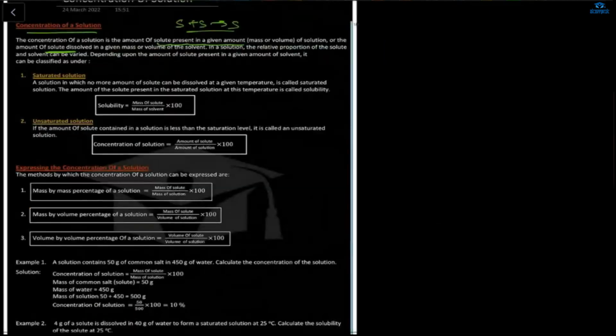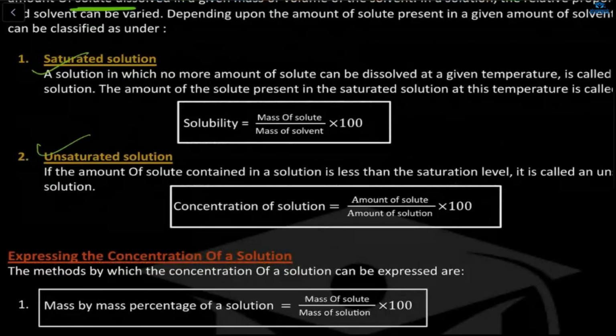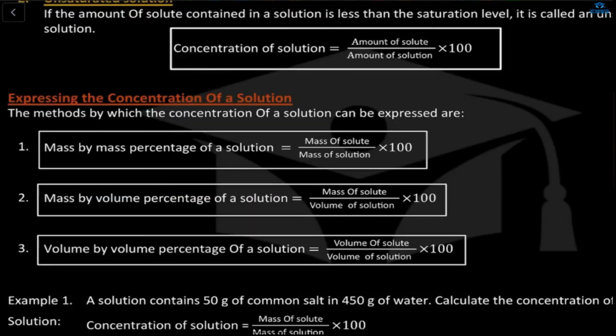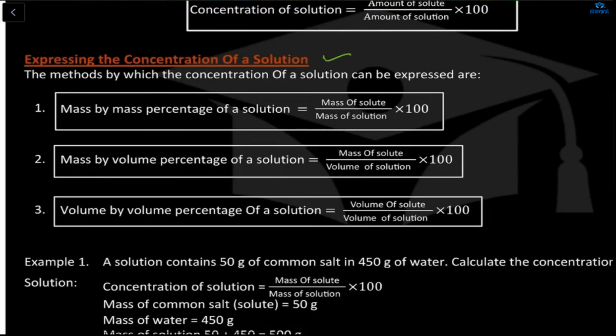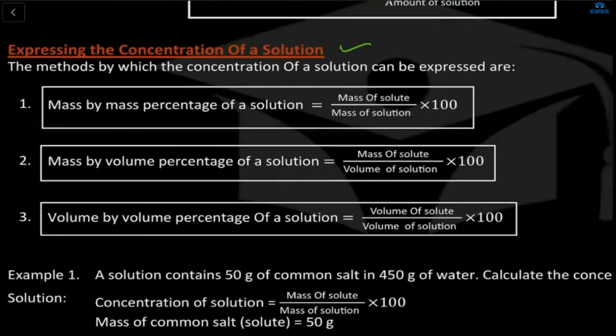Now I'll talk about the saturated and unsaturated solution later, because it's a very long topic and it's already 42. Let's go through this. Expressing the concentration of solution. These are the three methods to express the concentration of solution. First is mass by mass percentage. Second is mass by volume percentage. And the third one is volume by volume percentage.